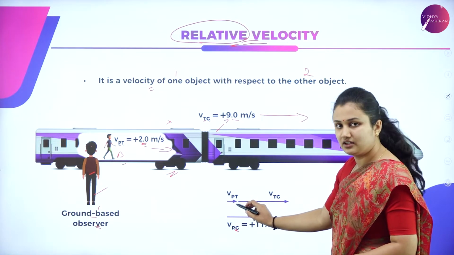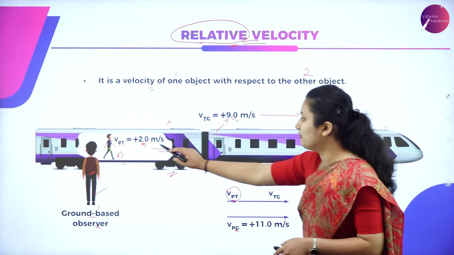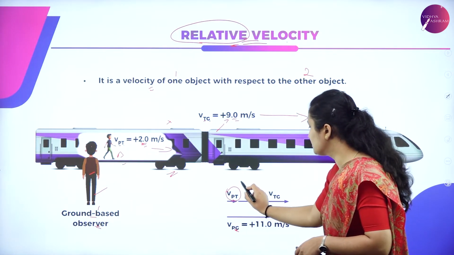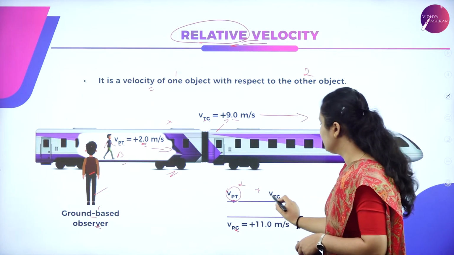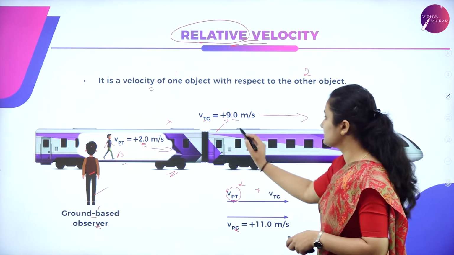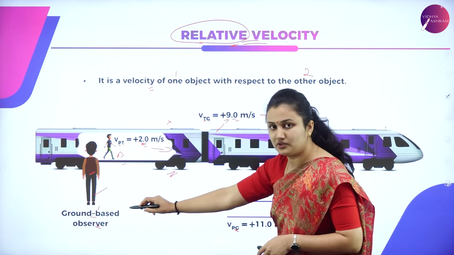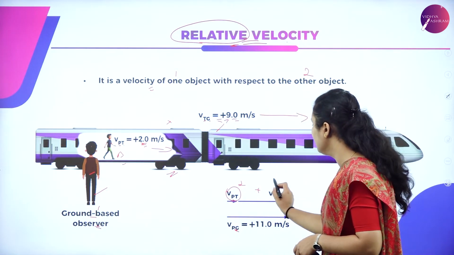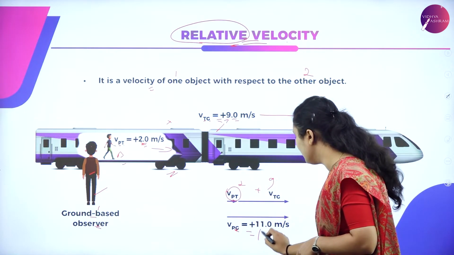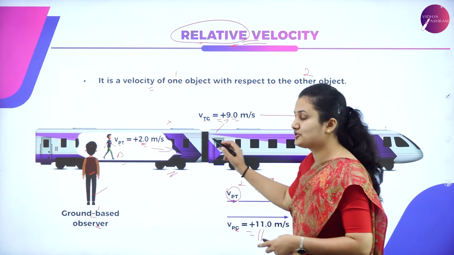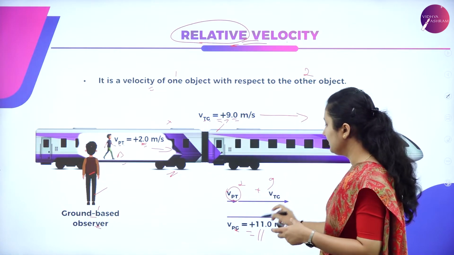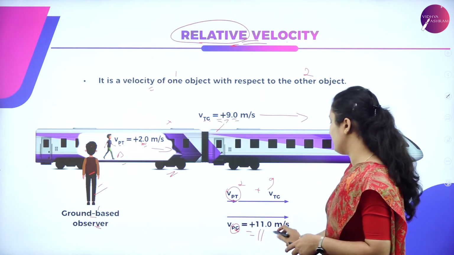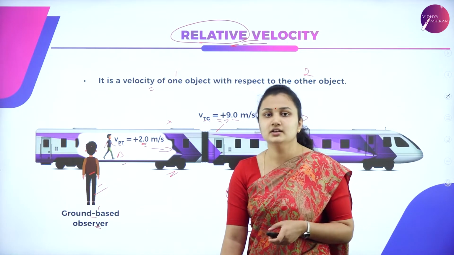This is the velocity of the passenger with respect to train, this 2, plus the velocity of train with respect to ground, this 9. So 9 plus 2 gives you 11. This 11 meters per second is the velocity observed by the person on the ground.